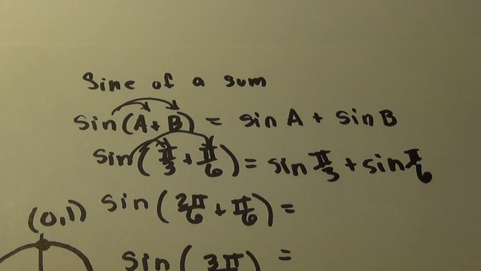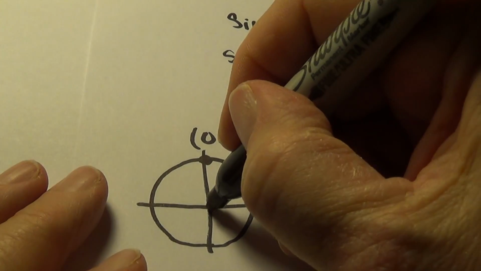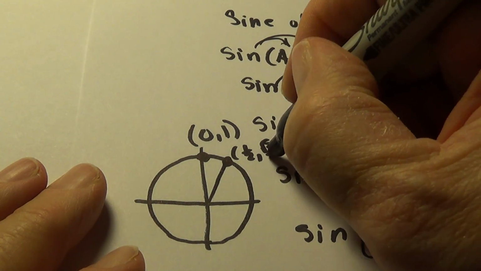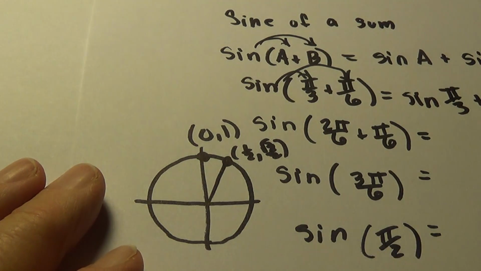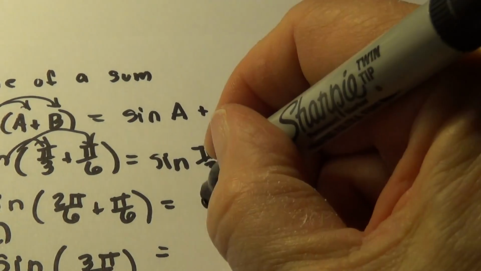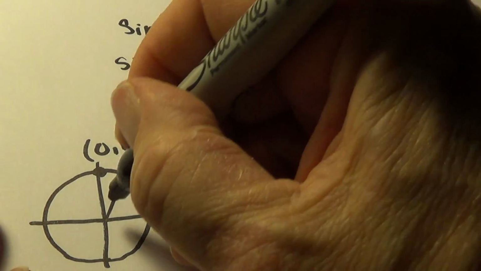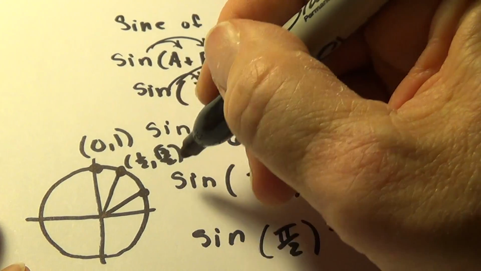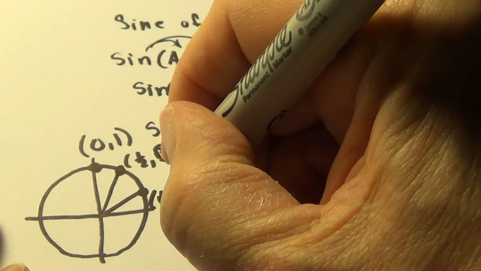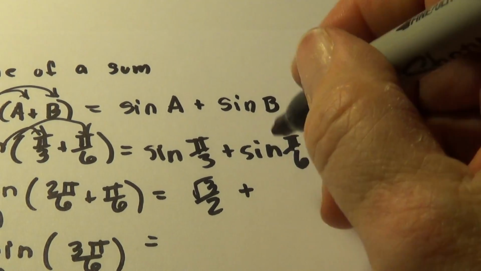I know the sine of pi over 3 is right here: we go over 1/2 and up the square root of 3 over 2, and the sine is the second coordinate, so we get square root of 3 over 2. And sine of pi over 6 would be right here, where we go over square root of 3 over 2 and up 1/2. So 1/2 would be our value here.